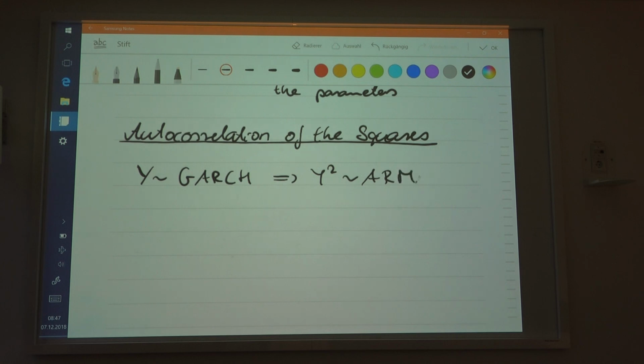So if you have a GARCH process, then the squares of the process follow an ARMA model. So the autocorrelation of the squares of the sample indicates the presence of GARCH effects in the data.